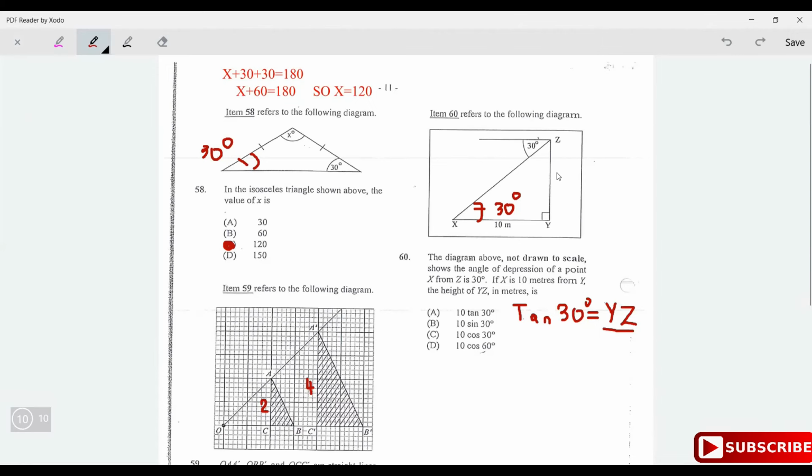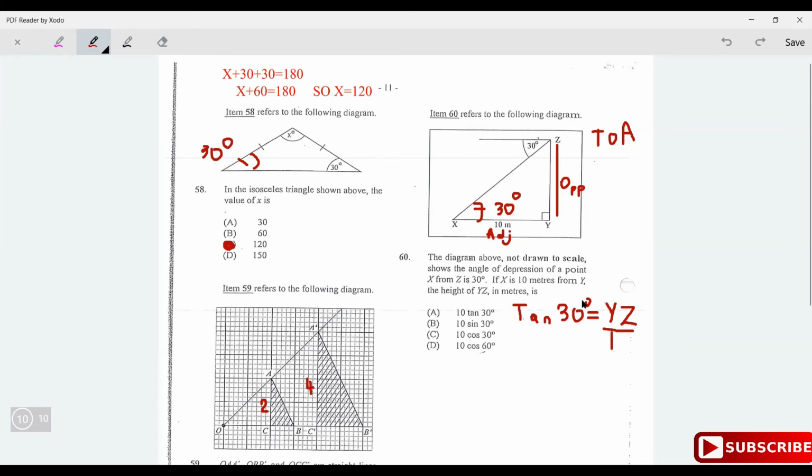Remember, this is the opposite and this is adjacent. Once you have opposite and adjacent, SOH CAH TOA, you're using tan. So opposite over adjacent 10.